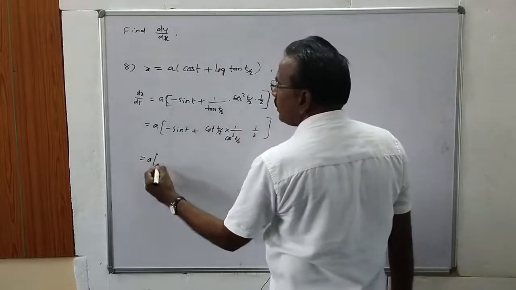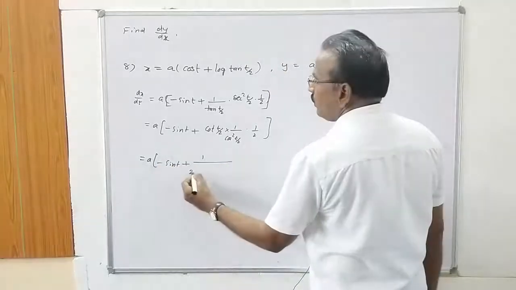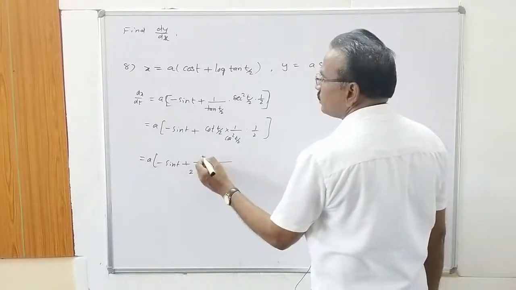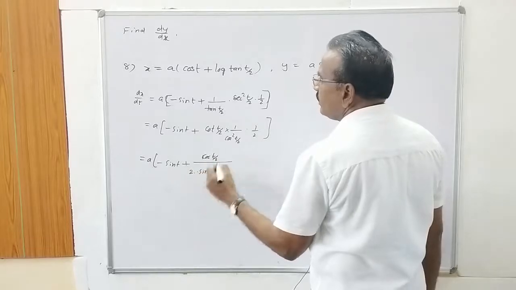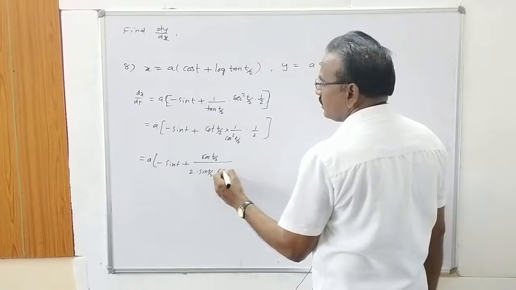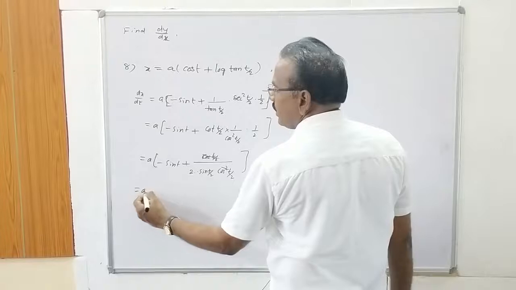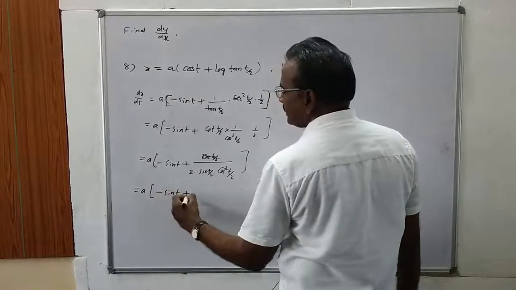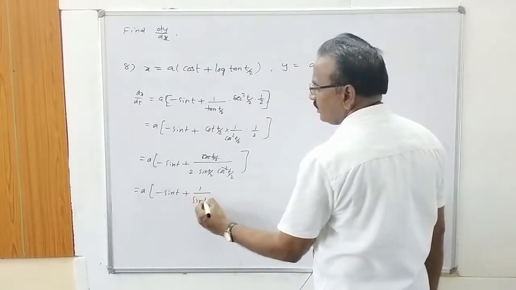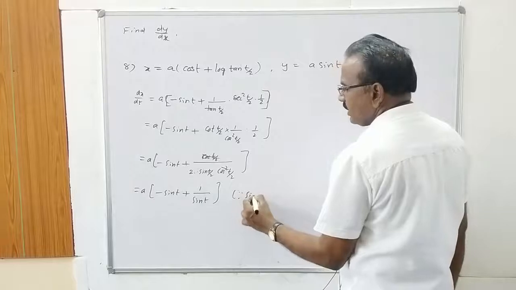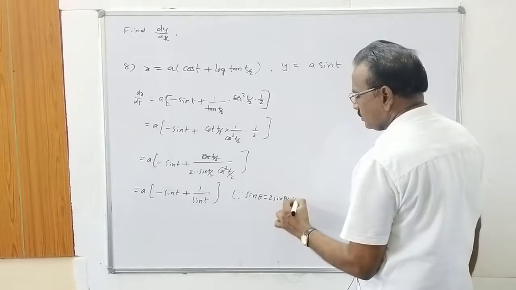into secant square t by 2, which is 1 by cos square t by 2, into 1 by 2. That is a into minus sin t plus 1 by 2 into cot t by 2, which is cos t by 2 divided by sin t by 2, into cos square t by 2. One cos t by 2 cancels, so that is a into minus sin t plus 1 divided by 2 sin t by 2 into cos t by 2, which is sin t by the half angle formula, since sin theta is equal to 2 sin theta by 2 into cos theta by 2.